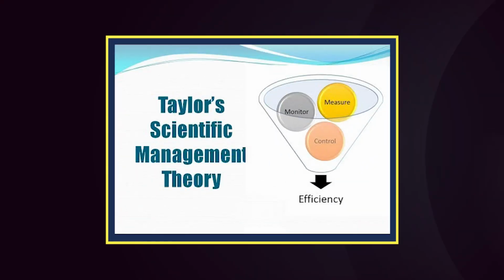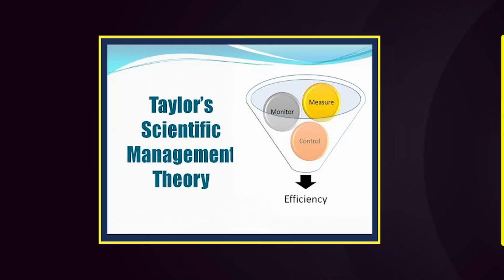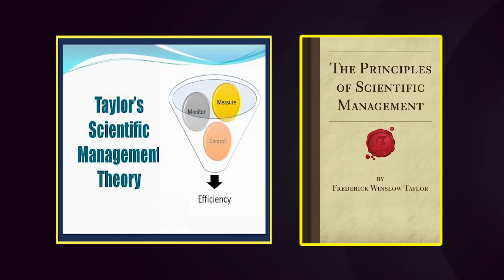So, after discussing the goals of the scientific management theory, Frederick Taylor also developed the principles of scientific management, and it was well discussed in his famous book, The Principles of Scientific Management.